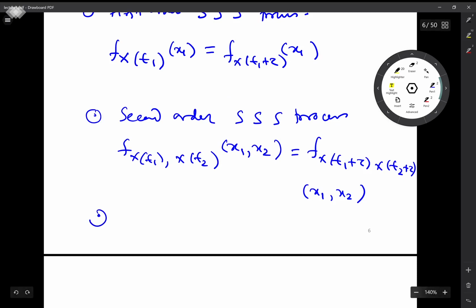SSS process, and kth order SSS process is the same as what we wrote earlier.